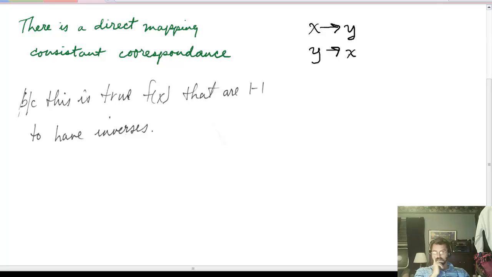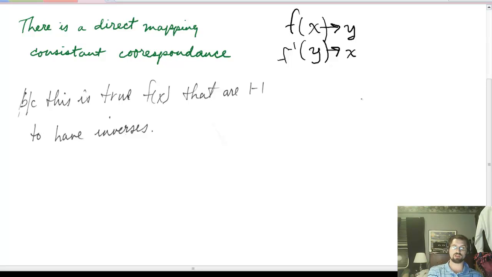What is an inverse? An inverse is a function that undoes what the other function does. Let's say you plug in a number into the function and you get an output. You plug in A, you get B. Well, then its inverse would take in B and output A. Where the function takes X and outputs Y, its inverse takes Y and outputs X, because there's that one-to-one correspondence.